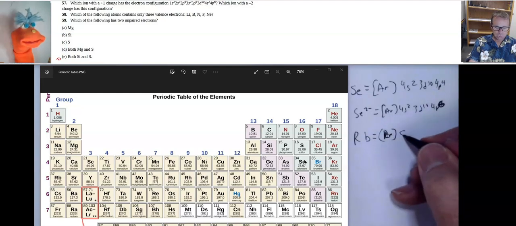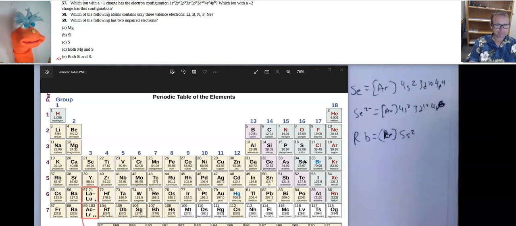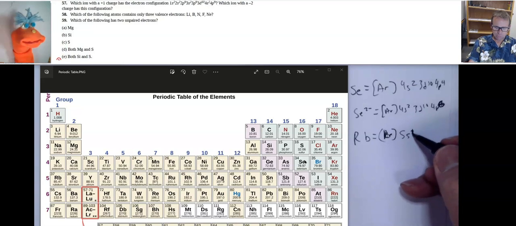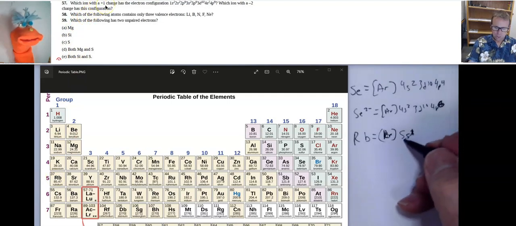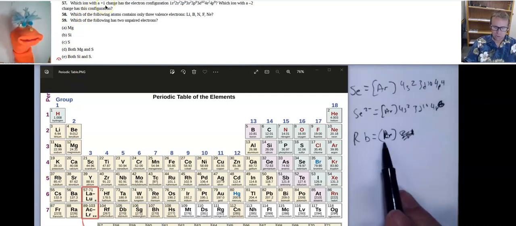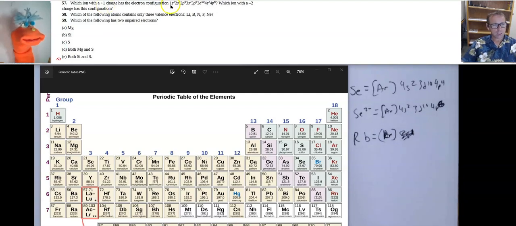Rubidium is krypton with 5s1, right? Okay, I follow that. Rubidium is krypton with 5s1, and if we remove an electron, and that's what you get when you get the +1 charge here, then the result is just the argon's noble gas configuration, which is that.